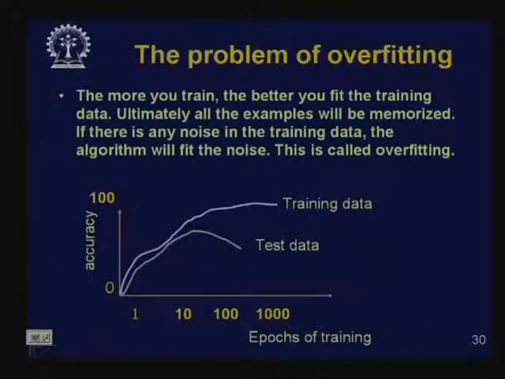Because the more you train, the better you fit the training data, and ultimately all the examples might be memorized. If there is any noise in the training data, you see, the data that you get may not be pure data, there may be noise in the data. For example, suppose the color of an apple is green, it might appear as yellow. So, if you try to fit the noise in the training data, the algorithm will overfit the training data and work very well on the training data, but it will not work well on the test data.